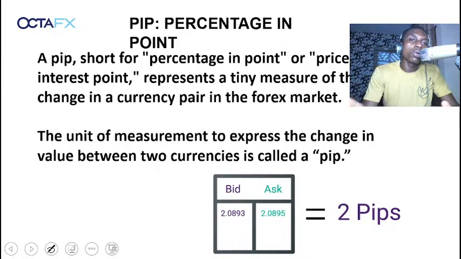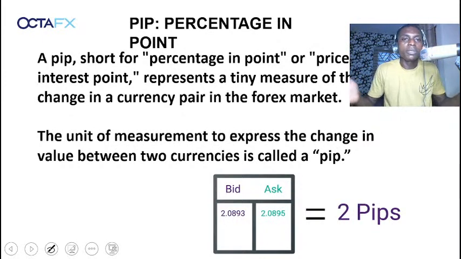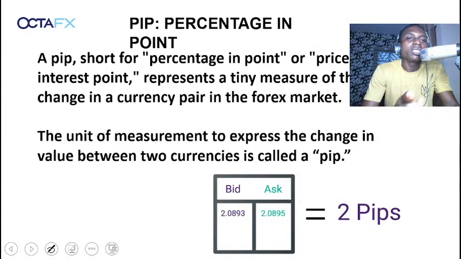Right? Okay. Now, we're looking at percentage in point. Many of you might have come across pips. Somebody tells you, today I took a trade, I made 10 pips, I made 20 pips. But you're asking yourself, what is pips? I'm confused. So now, pip is the short word for percentage in point, or price interest point. It represents a tiny measure of the change in the currency pair in the forex market.